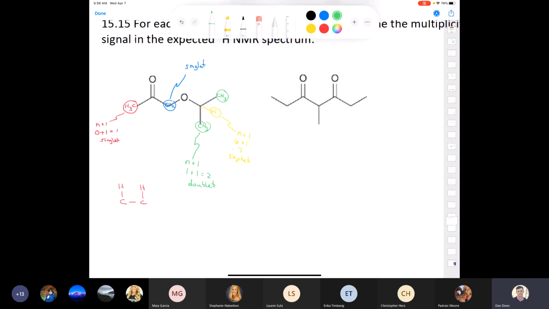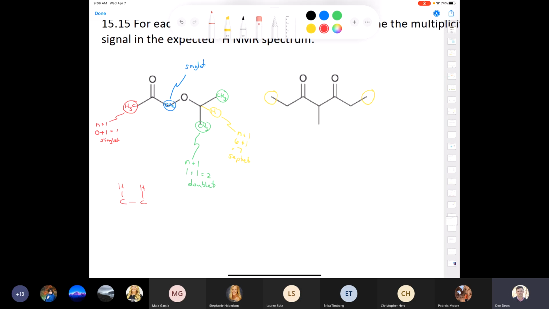Let's try the next one. We have a diketone. You notice that there's a plane of symmetry down the molecule, isn't there? And so this methyl group and this methyl group will be chemically equivalent. What will be the multiplicity of these protons that I have circled in yellow?